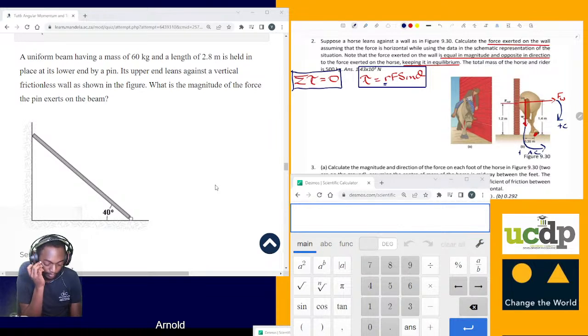Now, when we look closely, the angle between the line of action and the distance for W, theta, is 90 degrees.